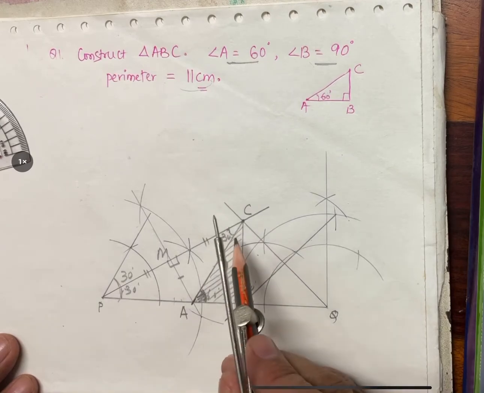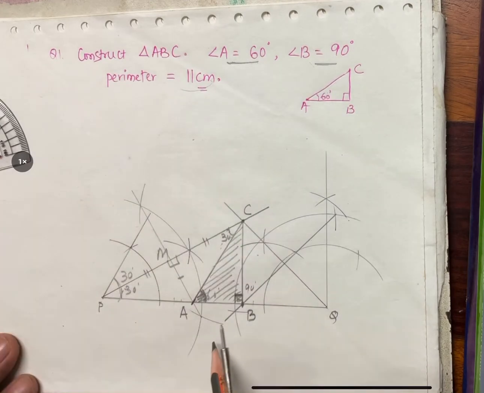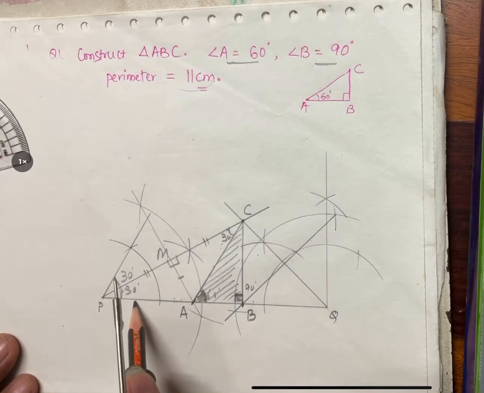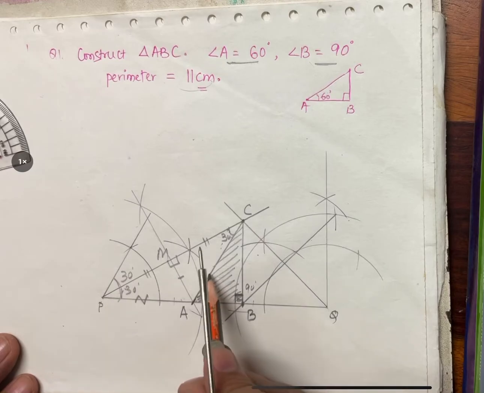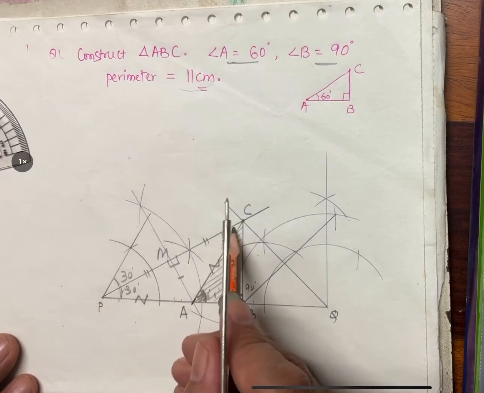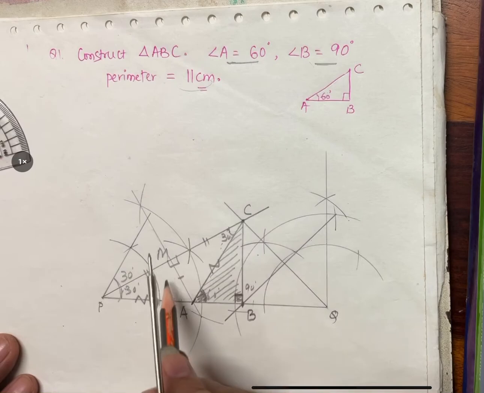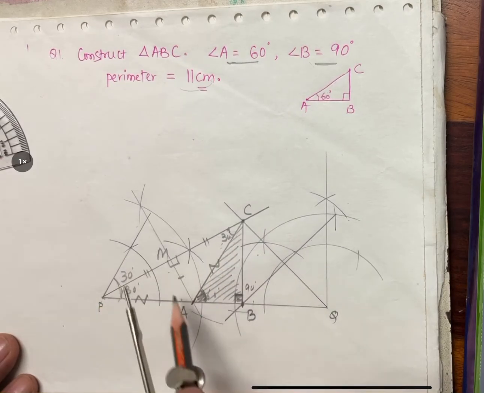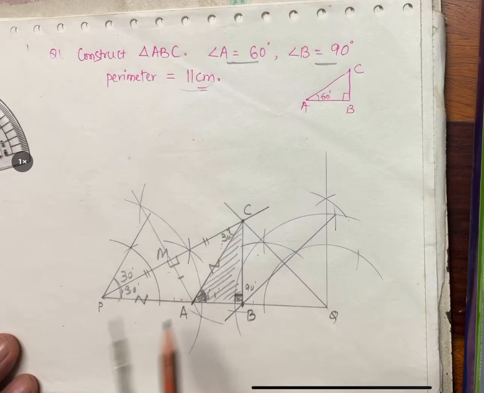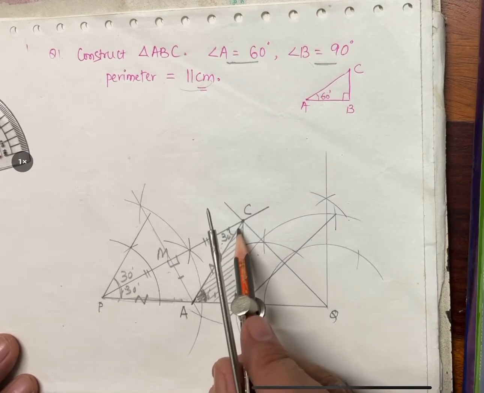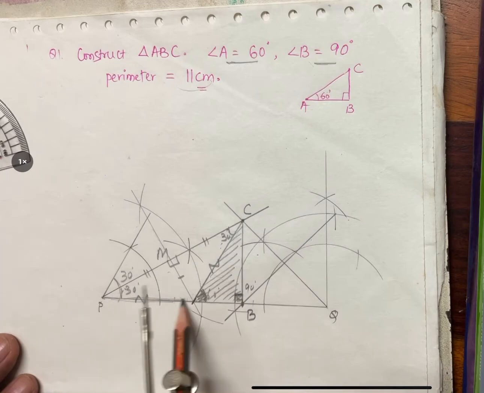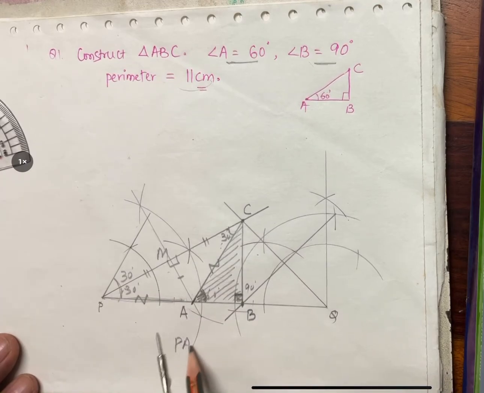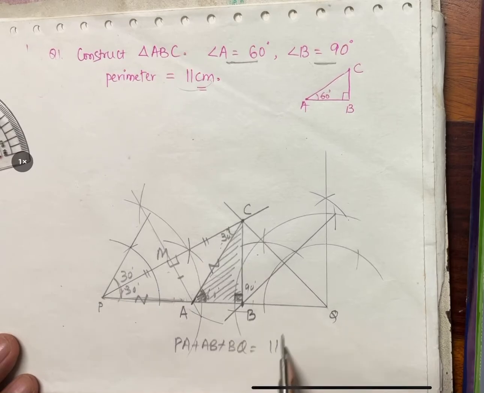So we have a triangle whose perimeter is 11. So why am I saying 11? Look at the length PA. Don't you think length PA and length AC are same because of CPCT situation? Yeah, we just discussed that PAM and CAM were congruent. So the length PA will be equal to length CA. So PA plus AB plus BQ was actually 11 centimeter.